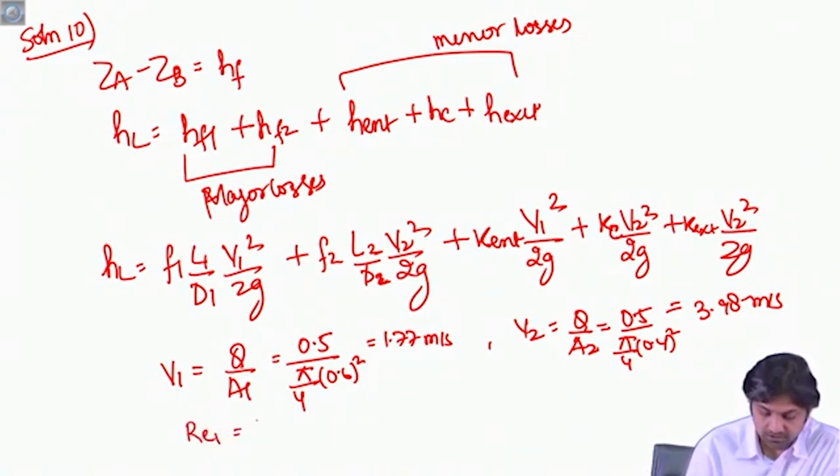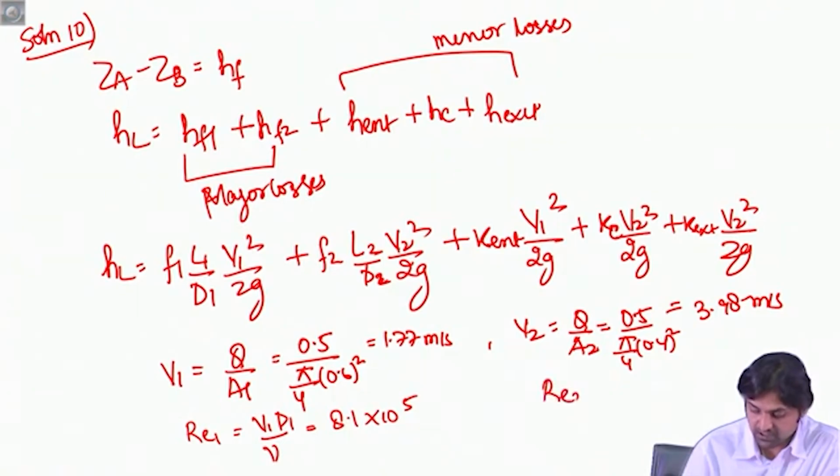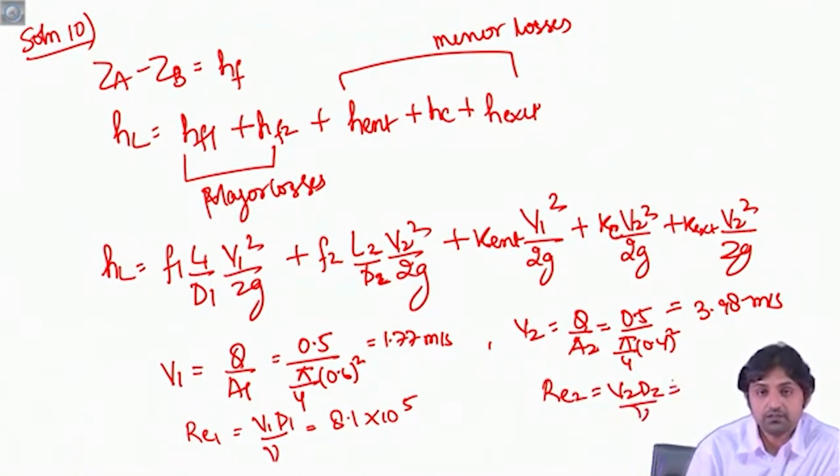All right. So if we know our V1, we know RE1, V1 D1 by nu, and you put the value of velocity, D and nu, you will get 8.1 into 10 to the power 5. Similarly, here RE2 will come out to be V2 D2 by nu. You would be wondering why we need to calculate Reynolds number and those parameters.